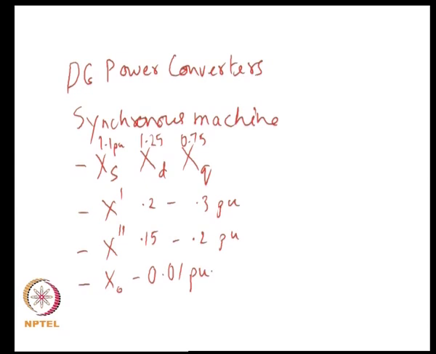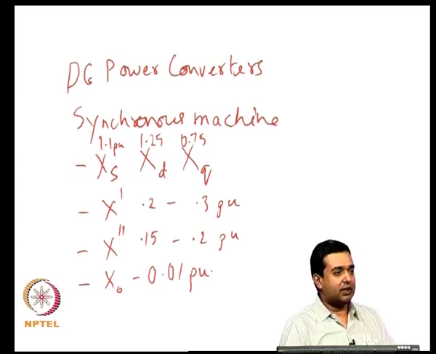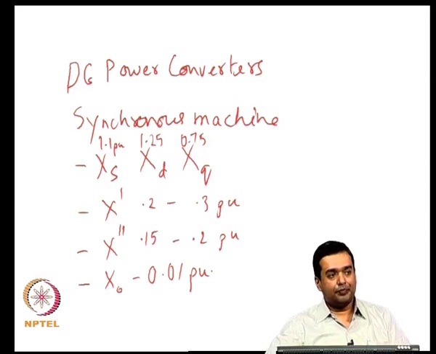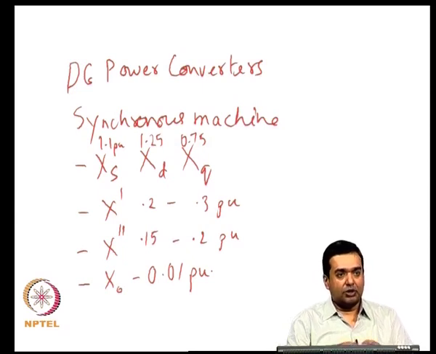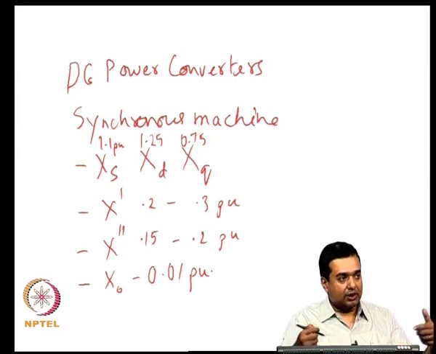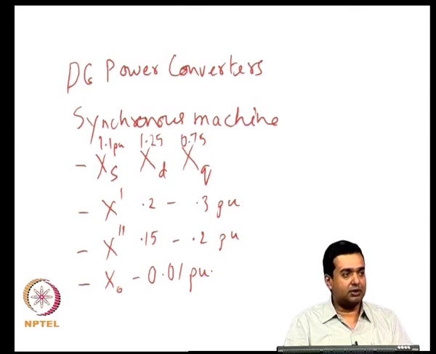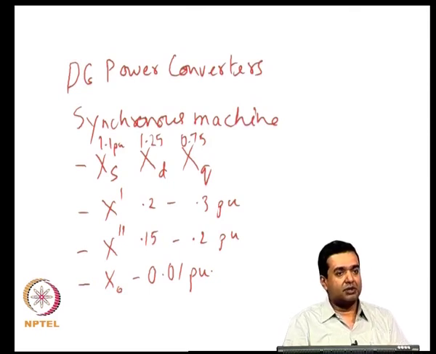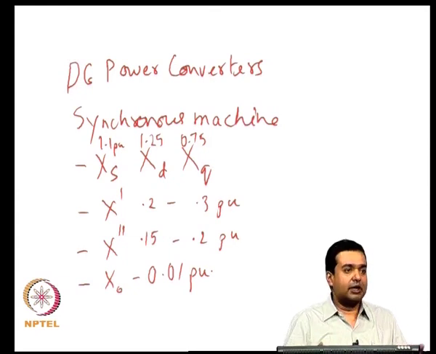Essentially, if you look at standard 3-phase windings, because the 3 windings are spatially displaced, if you are applying equal currents in all the 3 phases, which is what your zero sequence component would do, then essentially the fluxes are trying to cancel each other. So, if you get very little flux with the application of current, it means that your impedance is small.